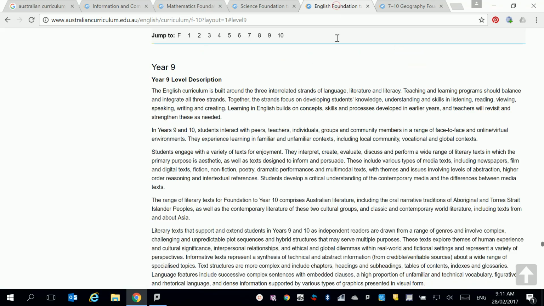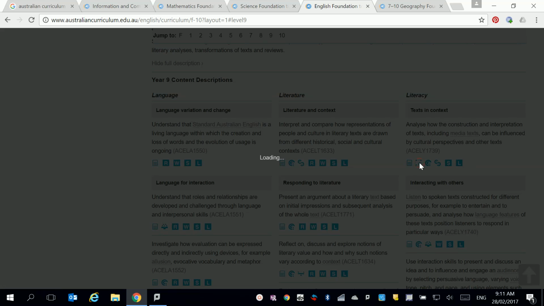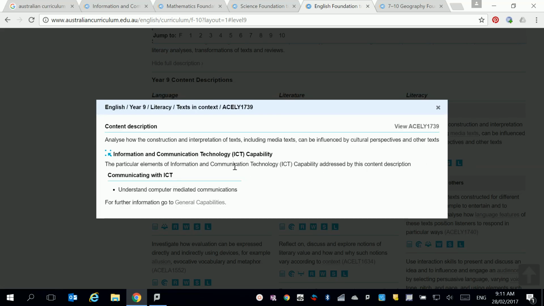If I look at English, here we have in terms of literacy. Let's have a look. So we're looking at analysing how the construction and interpretation of text, including media texts, so that's probably the key there, can be influenced by cultural perspectives.